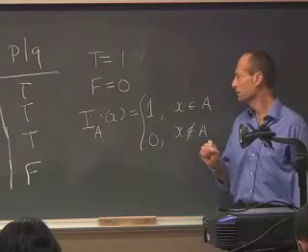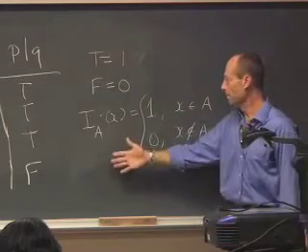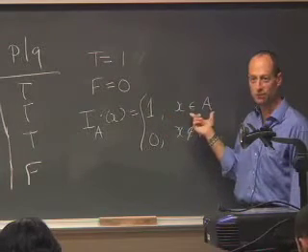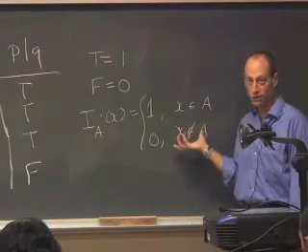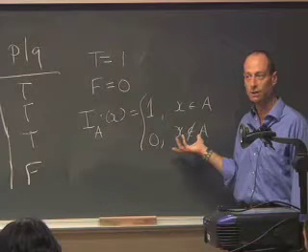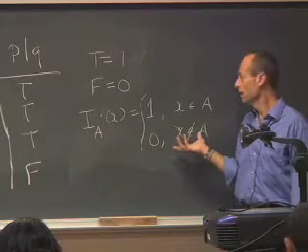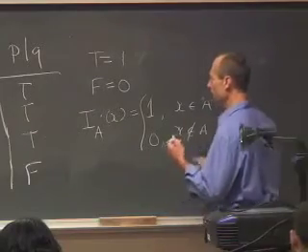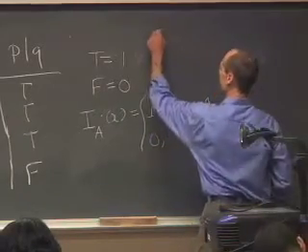Okay? So similarly, I_B would be the function that takes the value 1 for elements of B and takes the value 0 for things that aren't elements of B. So what is the indicator function of the intersection AB?